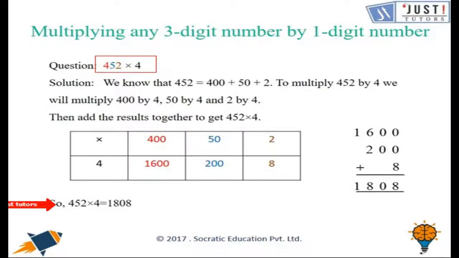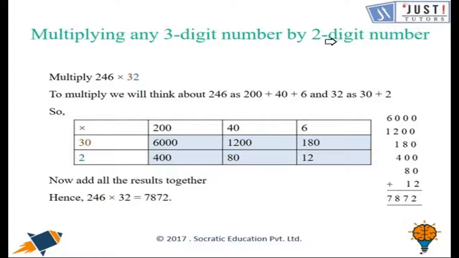Now we'll move forward towards multiplying a 3-digit number by a 2-digit number this time. So there's this example, 246 times 32. Again we are going to break them into hundreds, tens and ones, and we are going to break this 32 into its tens and ones as well.